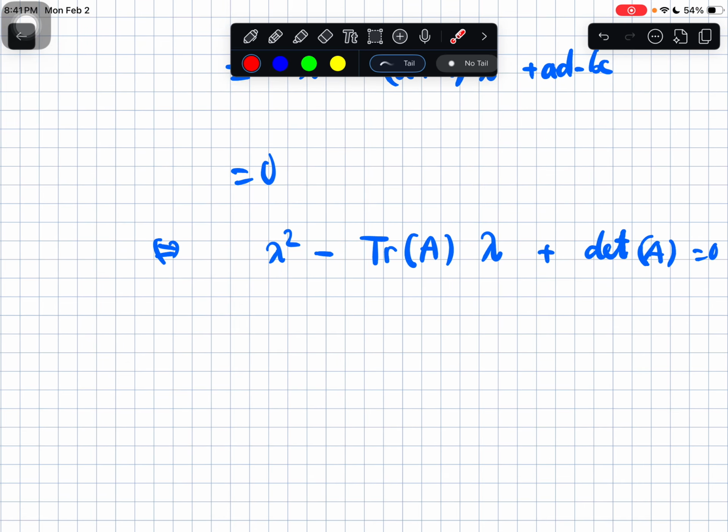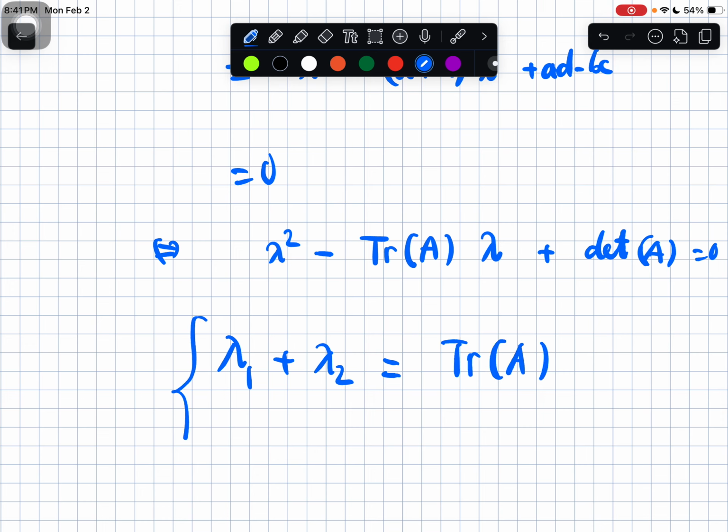So you see that the sum lambda 1 plus lambda 2, the sum of two eigenvalues, is trace of A. The product of two eigenvalues, lambda 1 lambda 2, is the determinant of A.